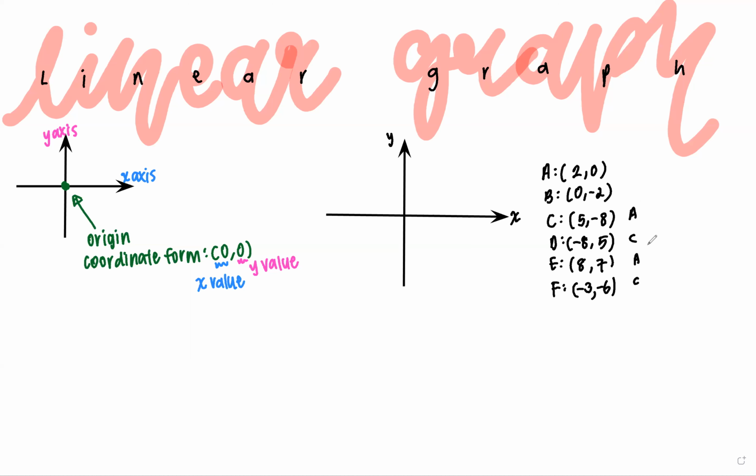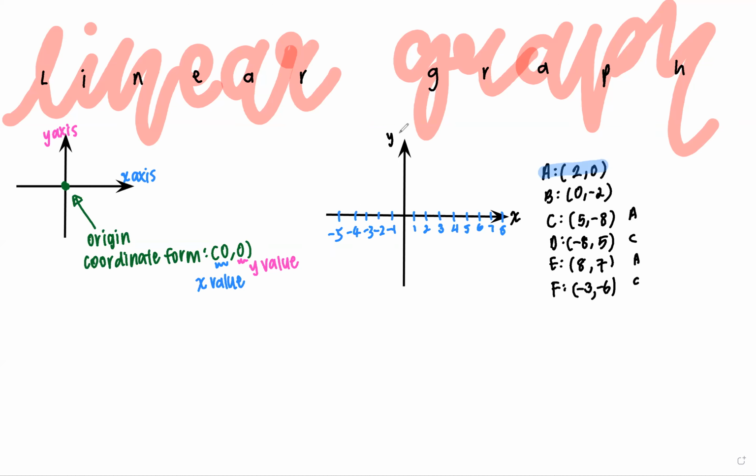So you all can write on the screen, right? No. Okay, before you all write on the screen, I'm going to show you all how to do it. So what is A? A is here. A is 2, 0. So I'm going to write down 1, 2, 3, 4, 5, 6, 7, 8. One, 2, 3, 4, 5. -1, -2, -3, -4, -5.